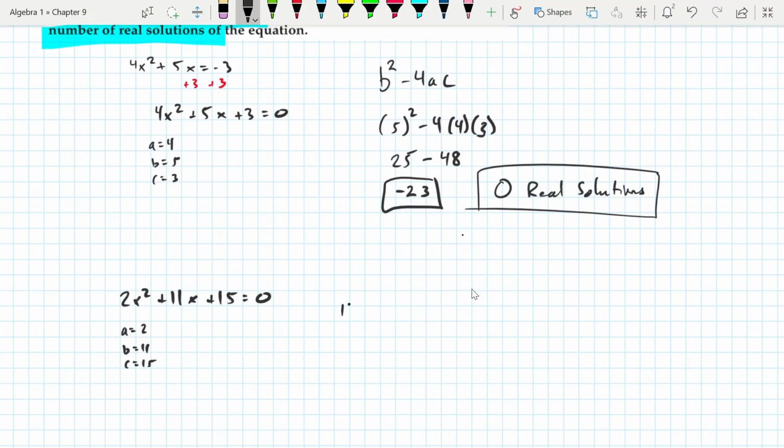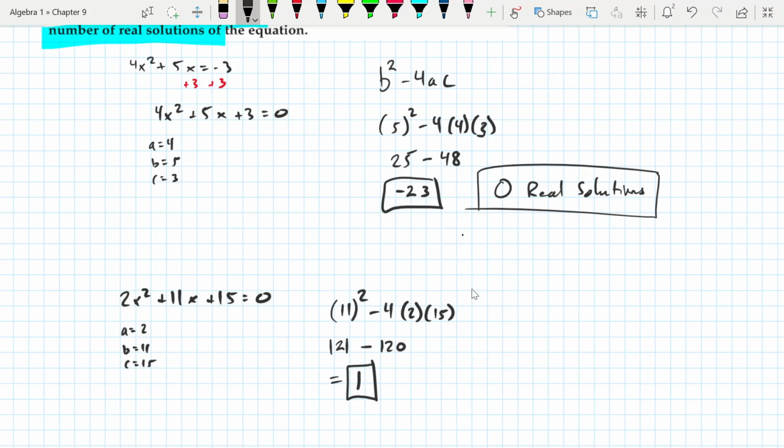So 11 squared minus 4 times 2 times 15 is 121 minus 120. I just multiplied this out of my head real quick, and it comes out to 1. So that tells me my discriminant is 1.